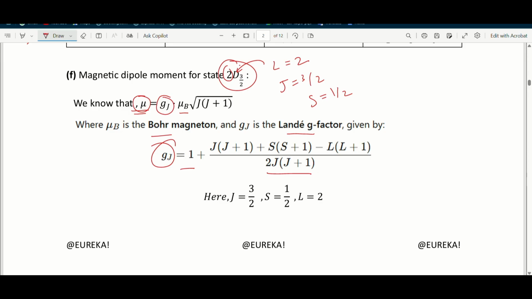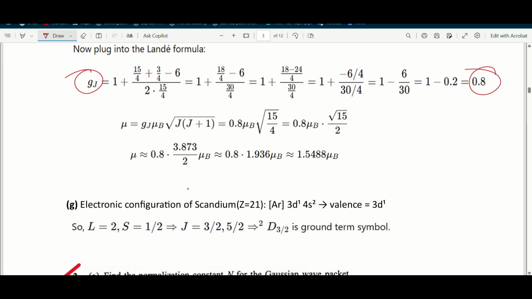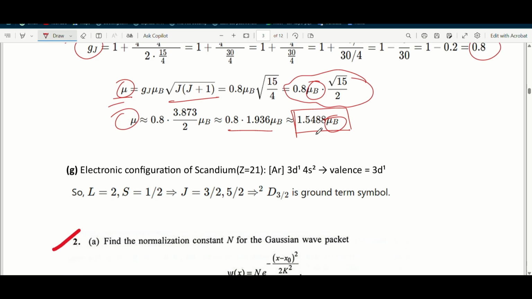After substituting these values we get Gj, the Lande factor, as 0.8. We know that mu is defined as Gj mu b times root over j into j plus 1. After substituting we get the value of mu in terms of mu b, the Bohr magneton, and the value will be approximately 1.5 times mu b, where mu b is the Bohr magneton.